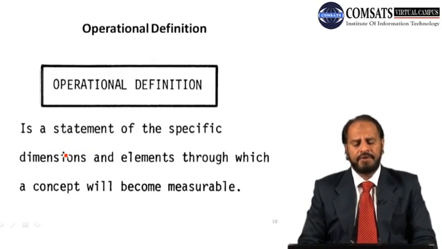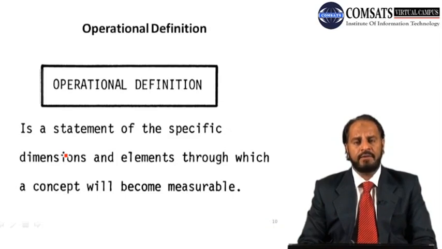Okay, so now the operational definition is a statement of specific dimensions and elements through which a concept will become measurable. Any concept such as staff satisfaction, employee satisfaction, customer satisfaction, loyalty, success, employee success, organization success, whatever these variables are, they are abstract concepts.